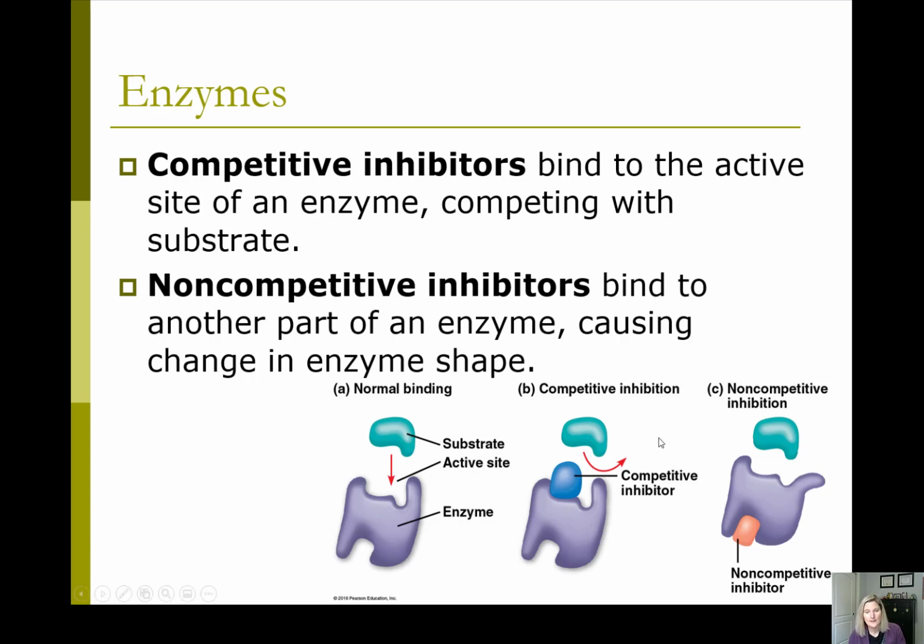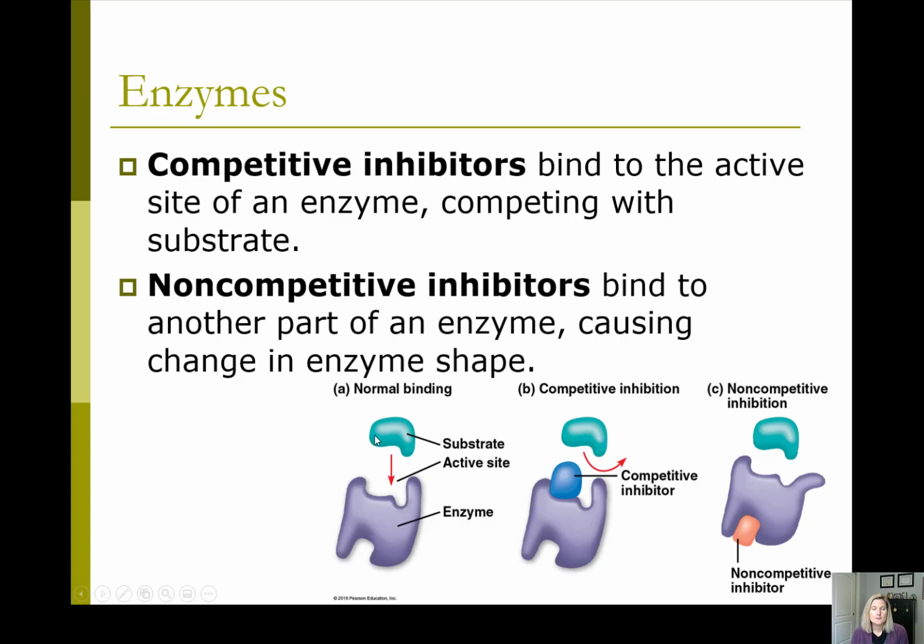You can see here we have our purple enzyme. That non-competitive inhibitor has changed the shape of the enzyme's active site, preventing the substrate from binding to it. So that's non-competitive inhibition.